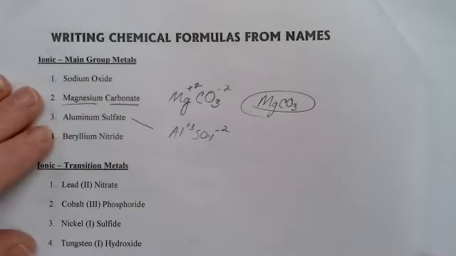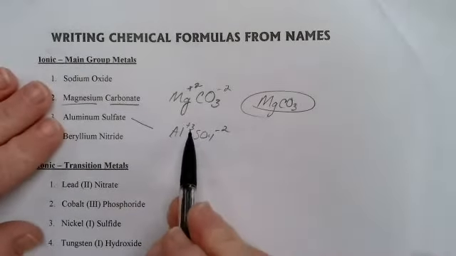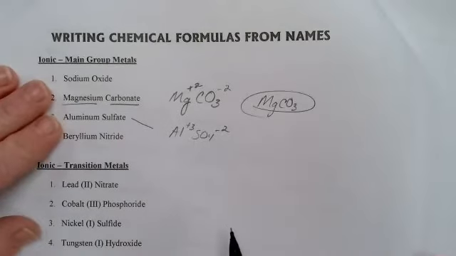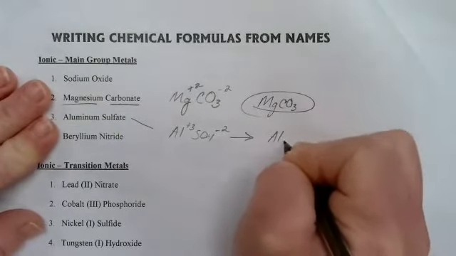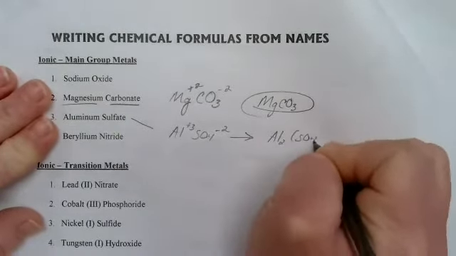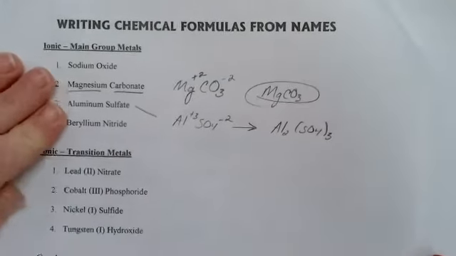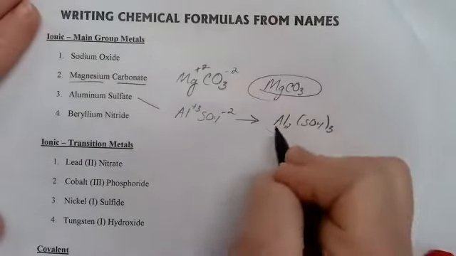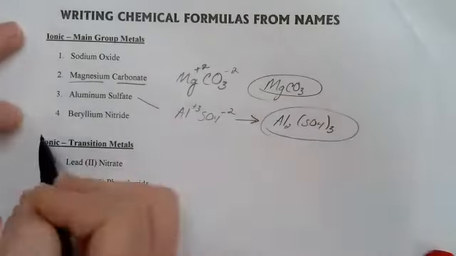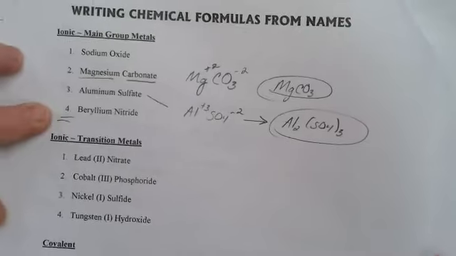It's -2. So, sir, think of lowest common multiple. What formula? And we need to put the polyatomic ion in parentheses, right? Because we need 3 of them. Excellent, sir. Excellent. We just take care of 4.